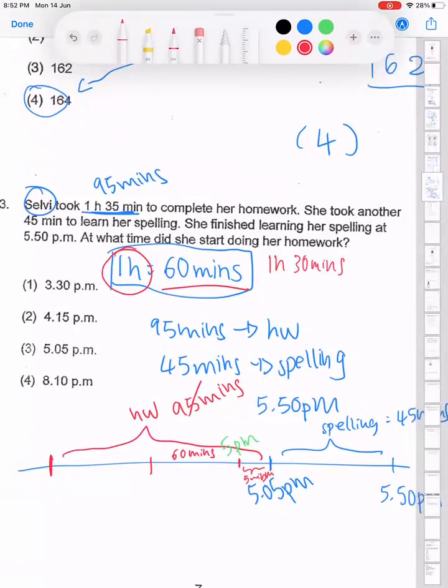It will also give me what time? 4 p.m. Okay, then we have a remainder of 30 minutes. So it'll just be 30 minutes before 4 p.m., which would be 3:30 p.m. Therefore, the answer would be number 1.